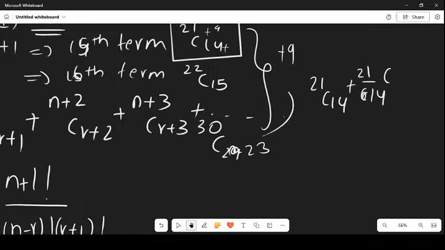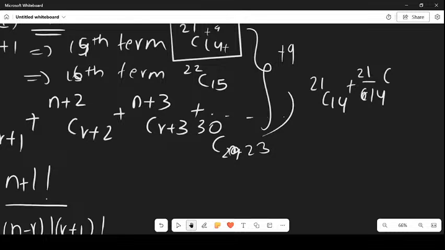I need to find the value of this. It is in this format. So how do I approach? I have seen this format somewhere. We need to think in a proper manner.